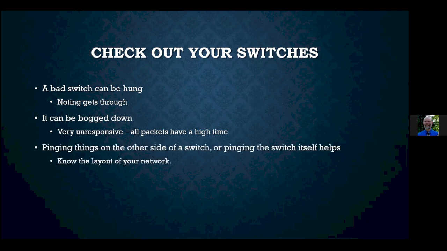So if you can either ping the switch or ping something on the other side of your switch, you can usually determine, if it just comes back really slowly on the other side, and you ping multiple things on the other side of your switch, then you know that the switch is slow. Or if nothing gets through at all, then you know it's hung. And usually what you do is you reboot it. In both those two cases, the first thing to do is to reboot it. If it continues after a reboot, then you may have to replace your switch.